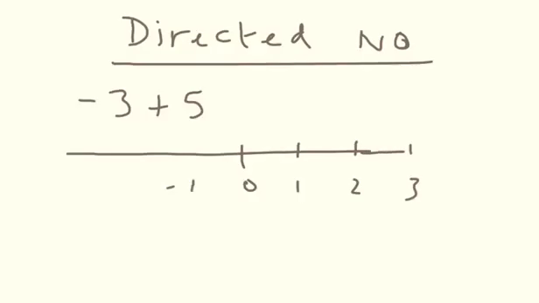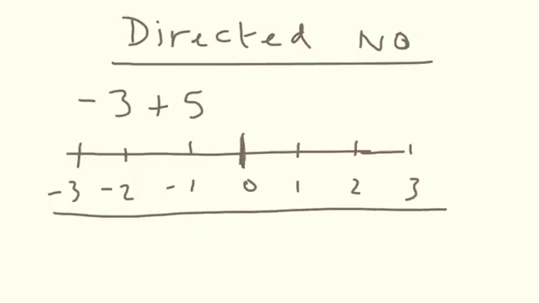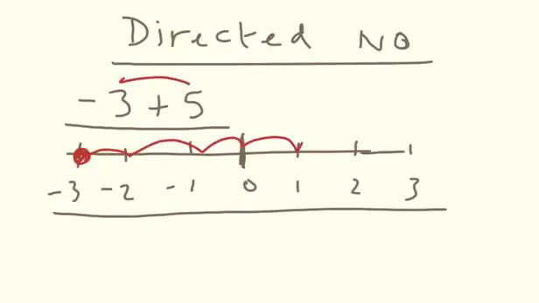Then we've got negative 1, negative 2, negative 3. You have done this at school, but just look at it like this. We're going to start with minus 3 here. I put it in red. Going forward 5 places: 1, 2, 3, 4, 5. So the answer is 2.